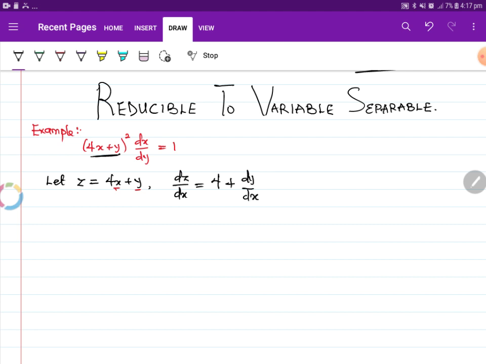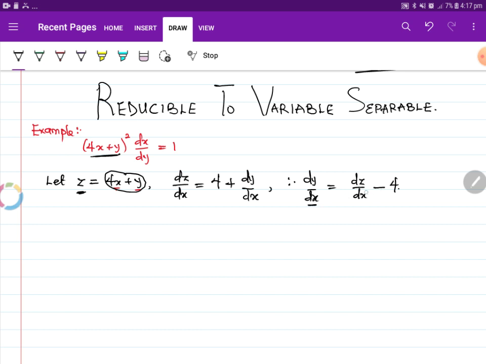Now, since I've gotten this, I can make dy dx the subject of the formula. Therefore, dy dx is equal to dz dx minus 4. Now, in place of 4x plus y, we represent it with z, and in place of dy dx, we represent it with this.